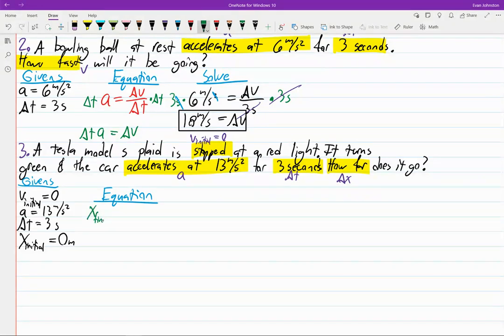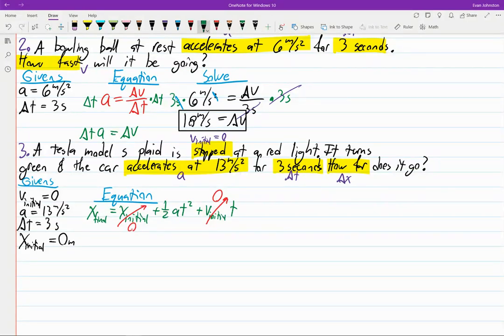X final equals X initial plus 1/2 AT squared plus V initial times T. But since it was stopped at a red light, V initial is 0, and that times time is still 0. So put a little arrow through it, that's 0. We get to call where it starts 0, so X initial is also 0.